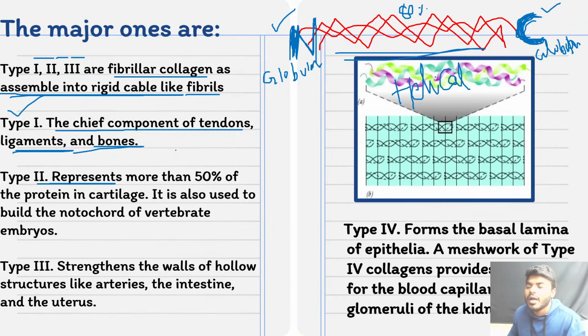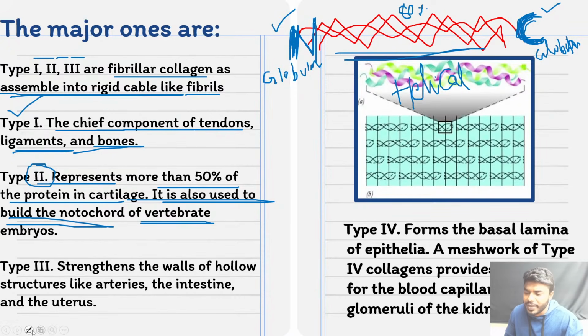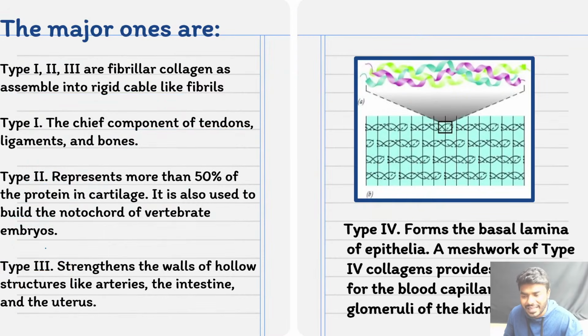Why? Because they contain type 2 collagen only. Don't forget. It represents more than 50% of the protein in cartilage. It is also used to build the notochord of vertebrate embryos.